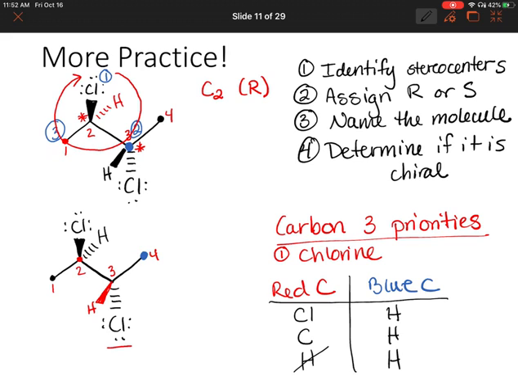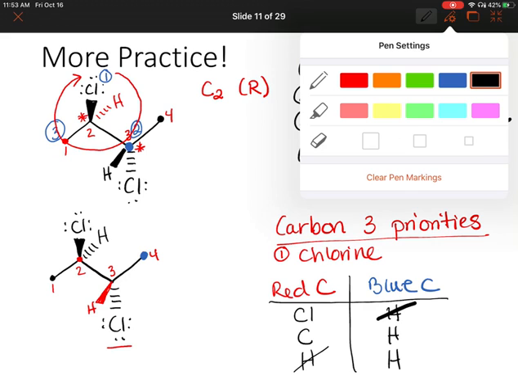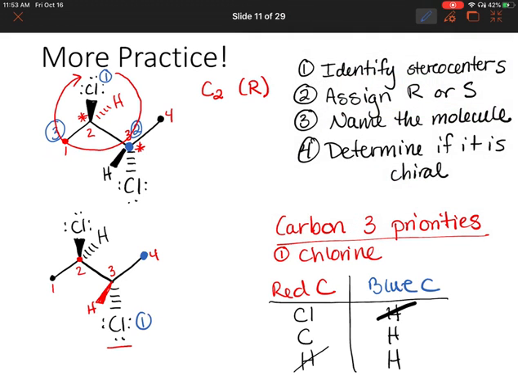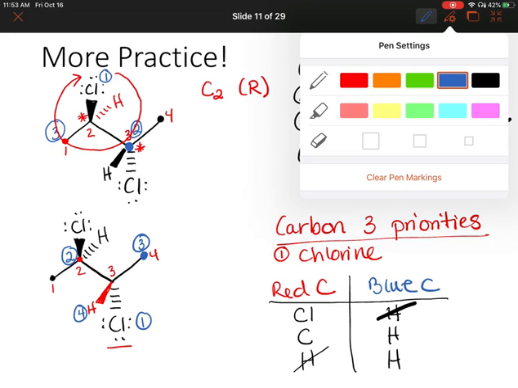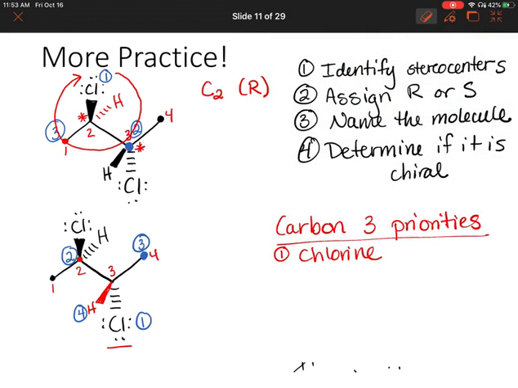All right, so we really only eliminate hydrogen again. So now it's a competition between chlorine and carbon versus hydrogen and hydrogen. So which carbon would win, the red carbon or the blue carbon? The red carbon, which is carbon 2. Okay, so let's assign priorities. So the blue carbon is priority 3, hydrogen is priority 4. So let's write that down.